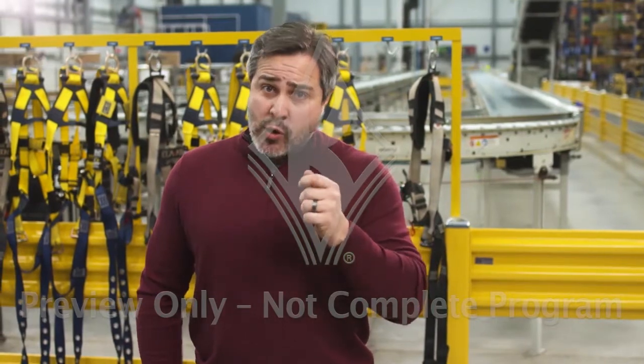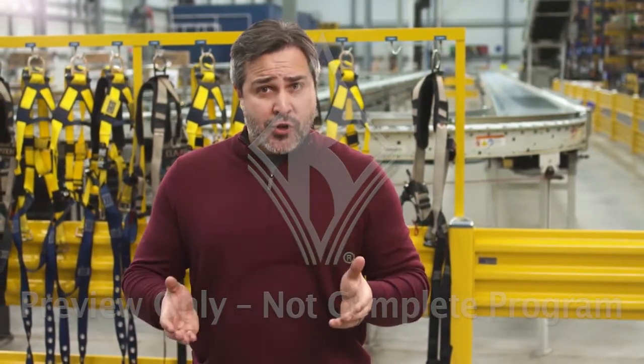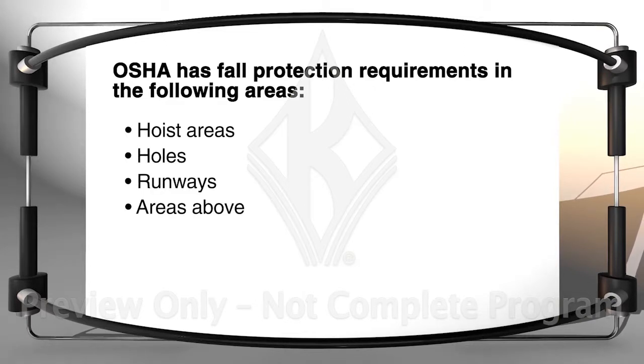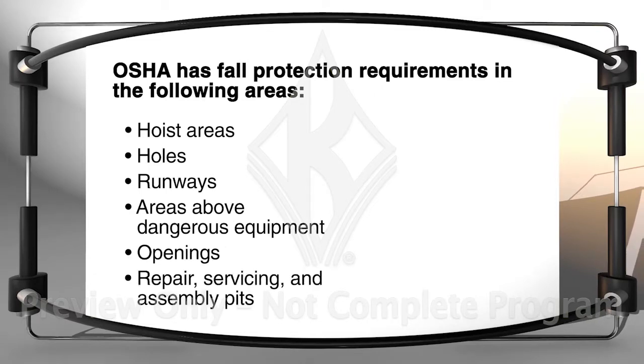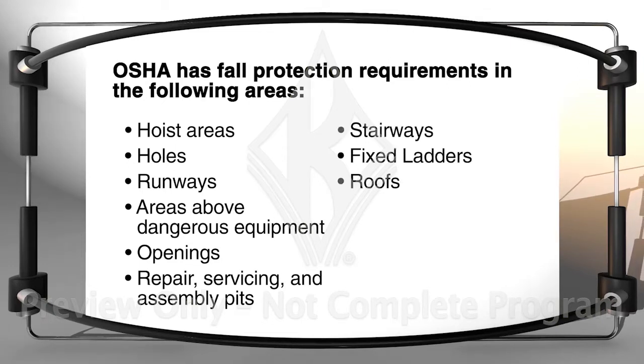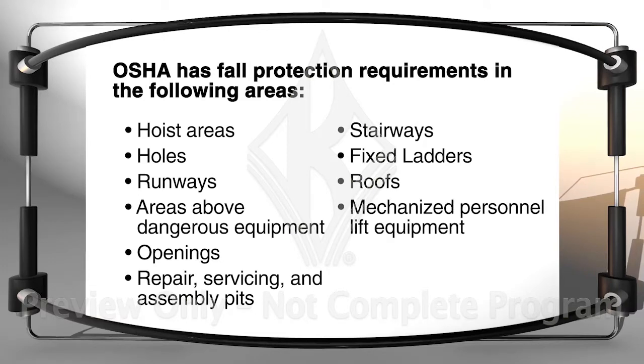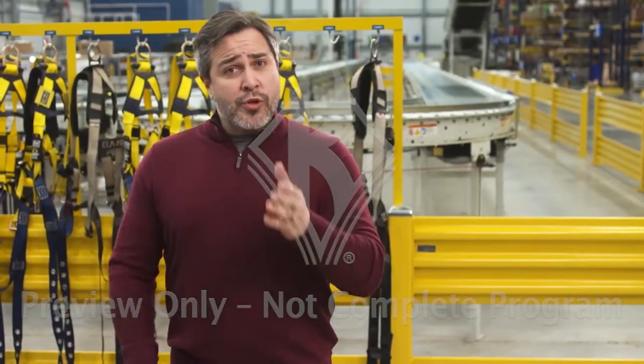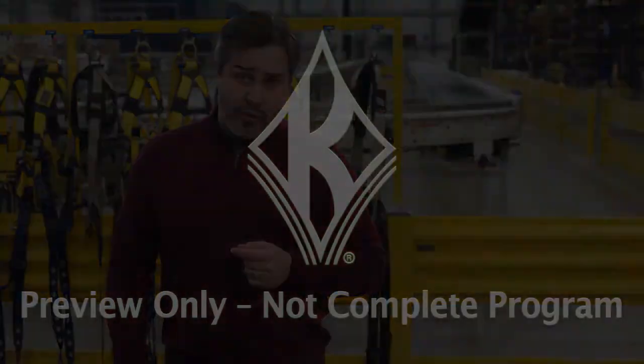Remember, there are set requirements for fall protection in specific situations, such as hoist areas, holes, runways, areas above dangerous equipment, openings, repair, servicing, and assembly pits, stairways, fixed ladders, roofs, order pickers and other mechanized personnel lift equipment, and scaffolds. Once the type of fall protection is identified, it's important you've been adequately trained on it before you use it.